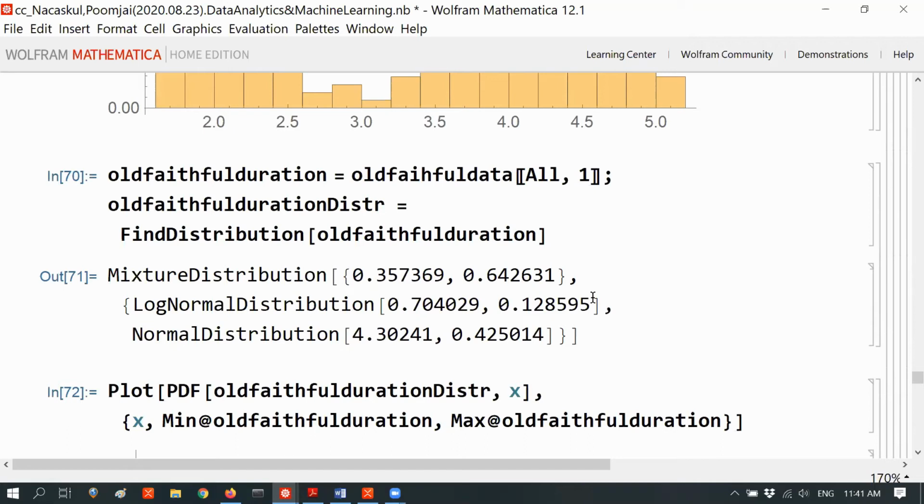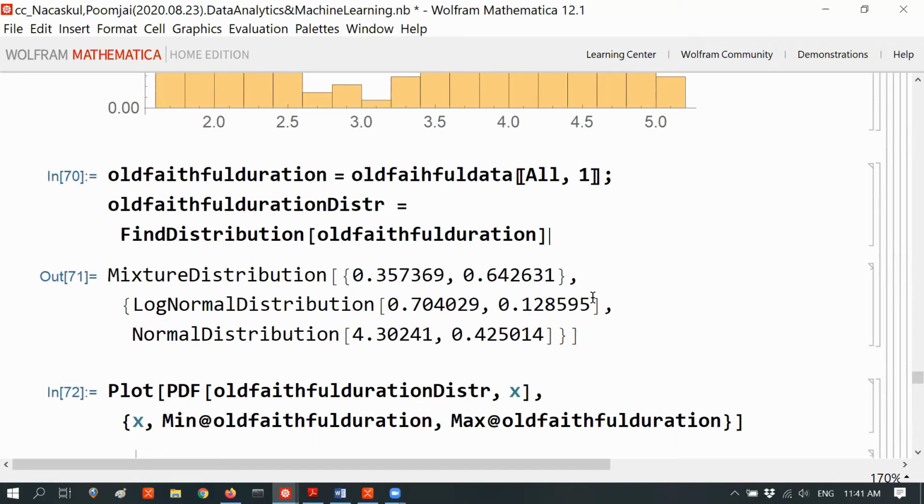Well, normal distribution is this. A log normal distribution just works like a normal distribution, except it works only on the positive. So the log of x is normal. If log of x is normal, x is log normal. So it looks like a mixture of this shape and this shape.